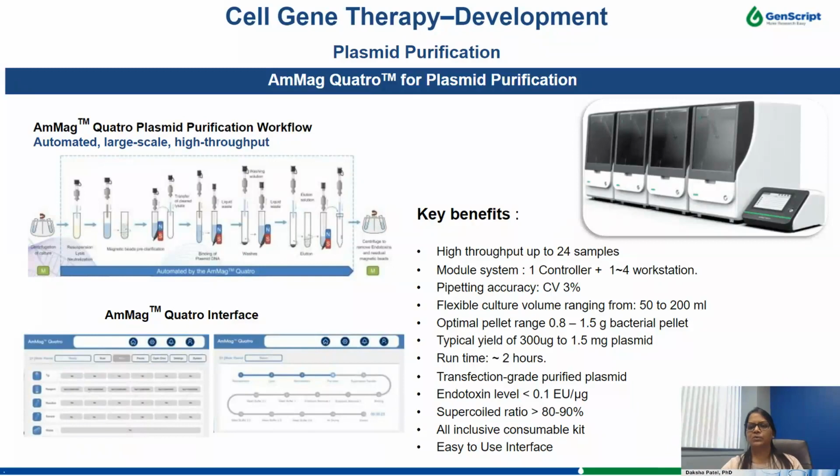The comprehensive solution consists of a system controller that provides simultaneous operation of up to 4 independent purification modules. The M Quattro is powered by magnetic bead technology, and the key benefit is high throughput of up to 24 samples and flexible volume ranging from 50 to 200 ml, with ready-to-use consumables available.